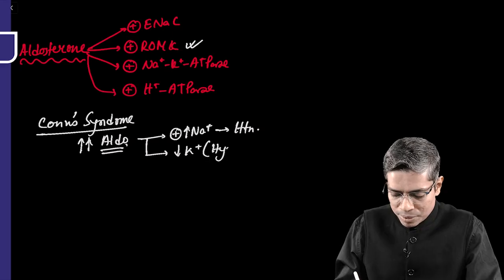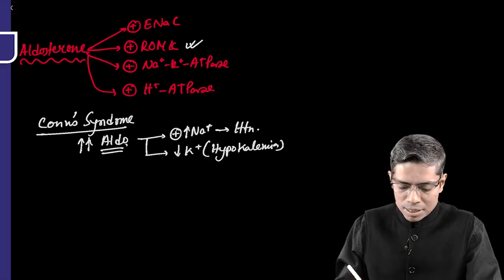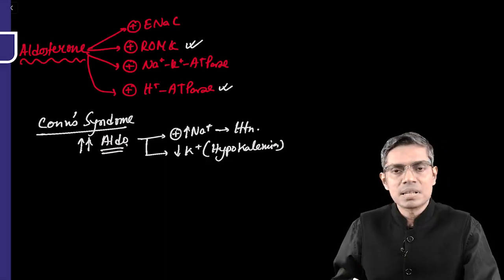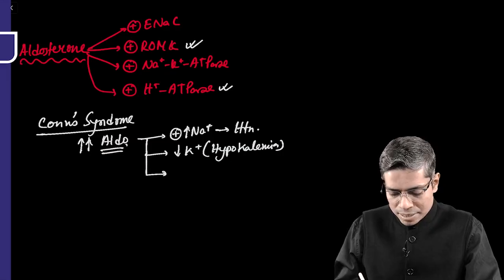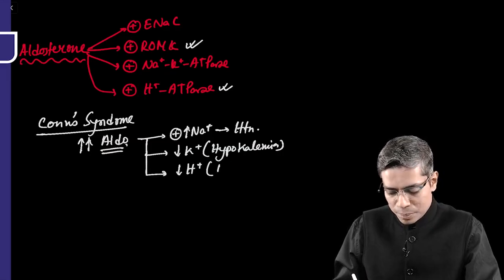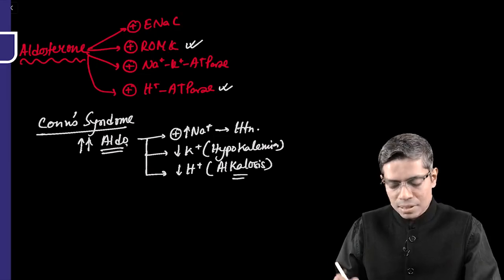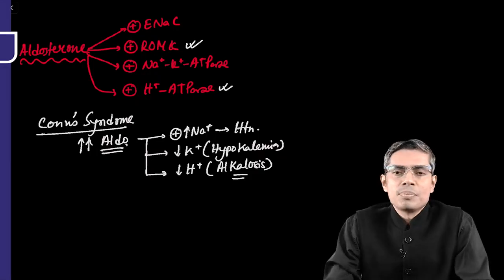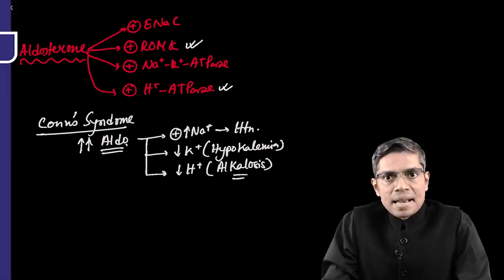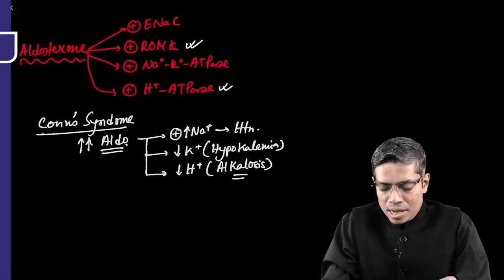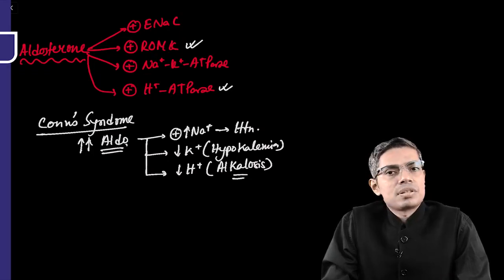The person will suffer from hypokalemia also, right? Not only that, it is secreting a huge amount of H plus ion in the urine, so H plus ion in the blood will be lesser. The person will also suffer from alkalosis. That's why we know Conn's syndrome means hypertension along with hypokalemia and alkalosis, right?